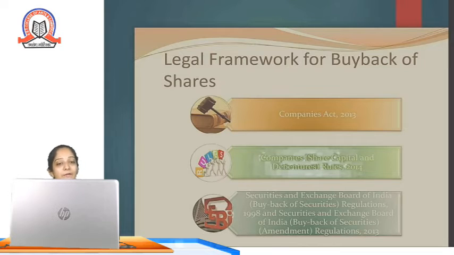Number 2, companies are required to follow the Share Capital and Debentures Rules 2014 as well, and also all the guidelines given by SEBI, the Securities and Exchange Board of India, before taking the decision for buyback.